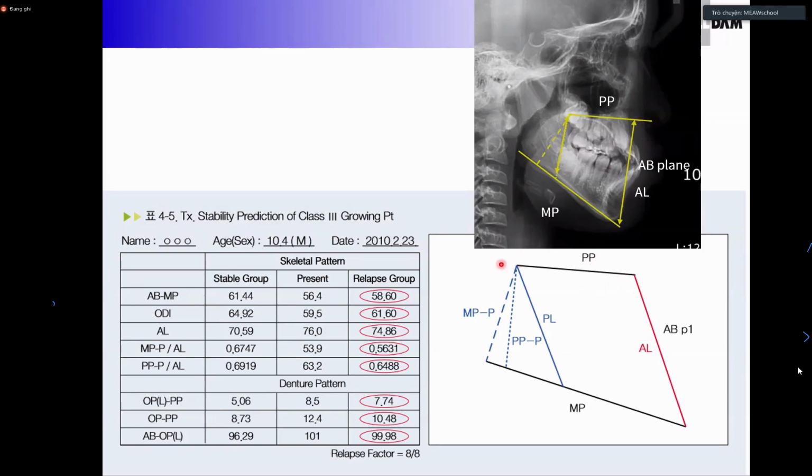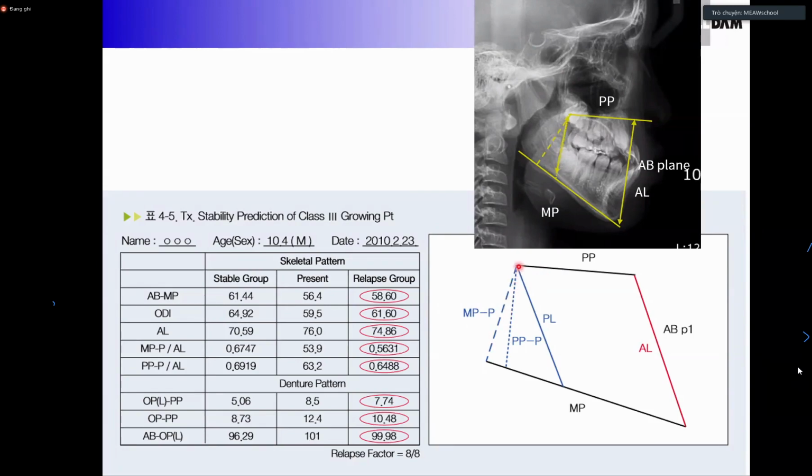As you know, this is the palatal plane, this is the mandibular plane, this is the AB plane. We can draw a line from PNS parallel to this AB plane. This is called the PL line. This was a study from 20 years ago, and so we can draw like this.